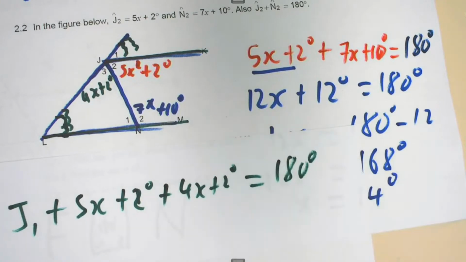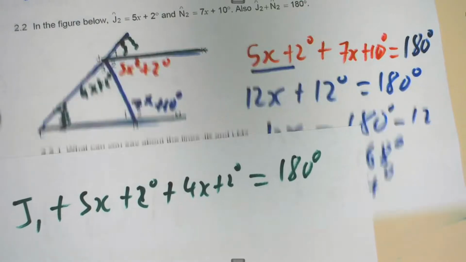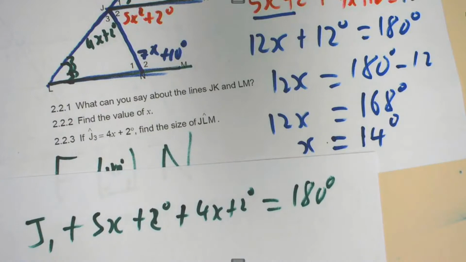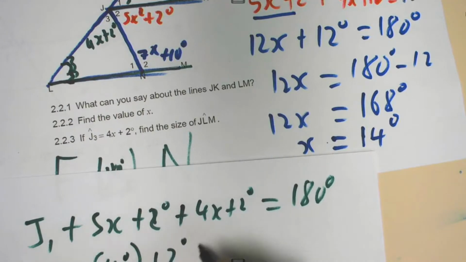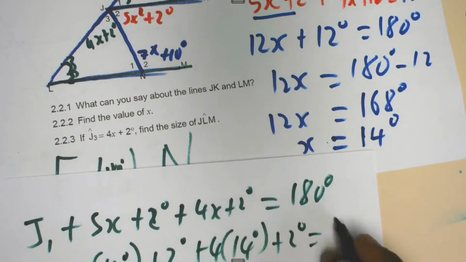Everything should be 180 degrees. You are telling us mathematically, you are not concerned about the final answer. That's not our point of concern. But remember, we've just worked out that x is equal to 14. Therefore, J1 plus 5 times 14 degrees plus 2 degrees, plus 4 times 14 degrees plus 2 degrees equals 180.